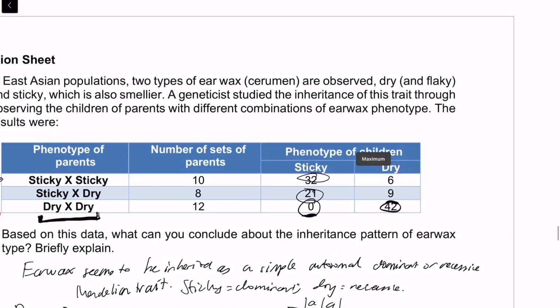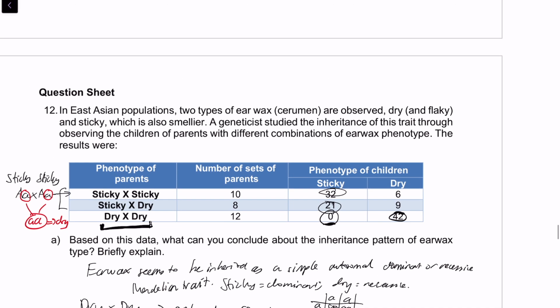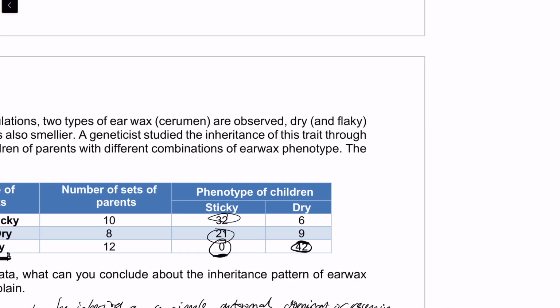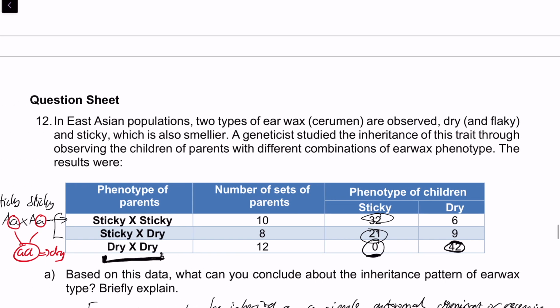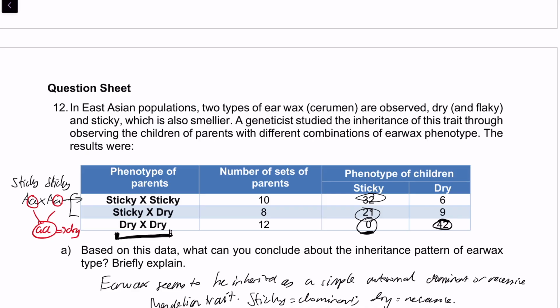It's not necessarily the numbers, as I'll get to in part B. It's not telling about the ratios of them. That's not really what's relevant. What's relevant is that a recessive phenotype can only be expressed if both of the recessive alleles are present in the genotype of that individual.